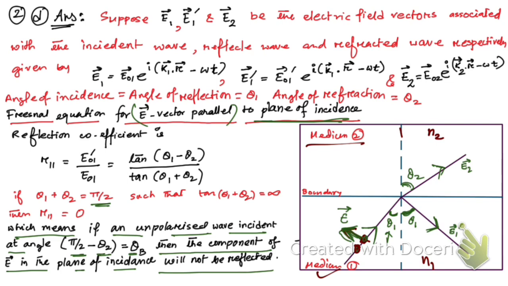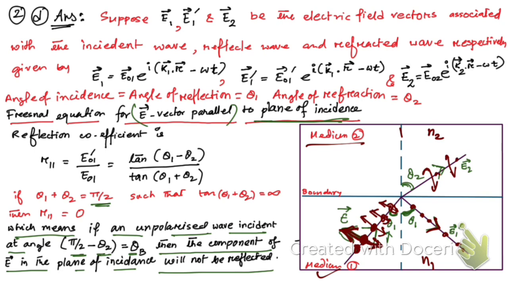Now you see here, this is the unpolarized wave, this is the electric field, this is the parallel component, and this dot represents the perpendicular component. Then this reflected wave will be plane polarized. Here we're going to get the perpendicular components only, not the parallel components. And here we're going to get both parallel and perpendicular.